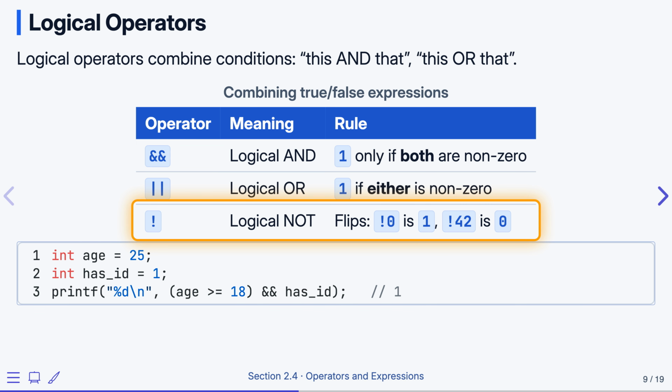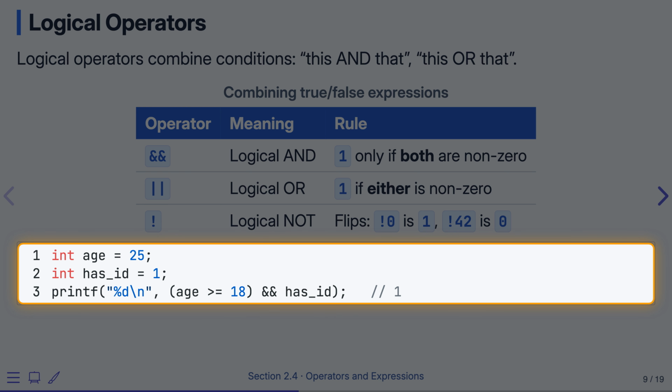The exclamation mark is logical NOT. It flips the value. Not 0 is 1, and not 42 is 0, because any non-zero value counts as true. In the example, age is 25 and has id is 1. Age greater than or equal to 18 is true and has id is true, so the AND gives 1.